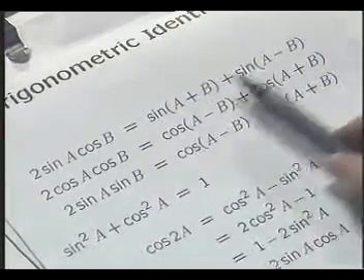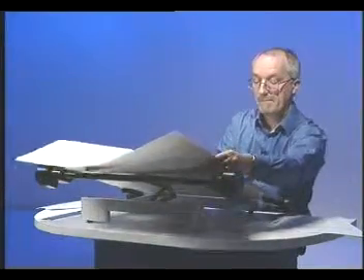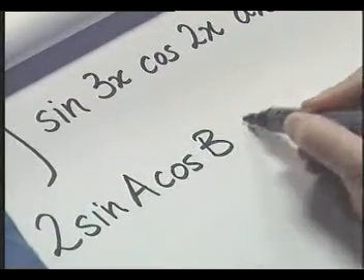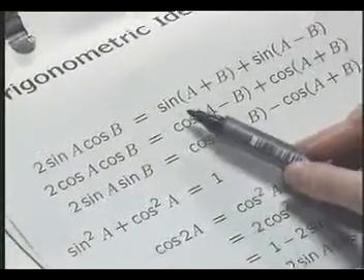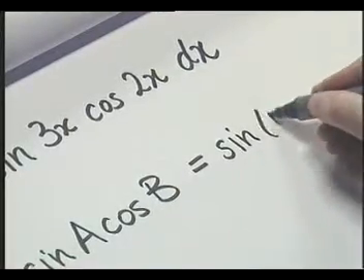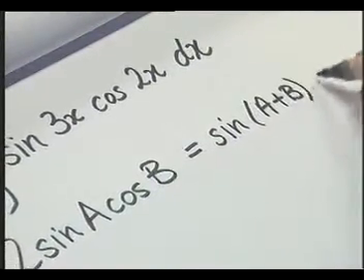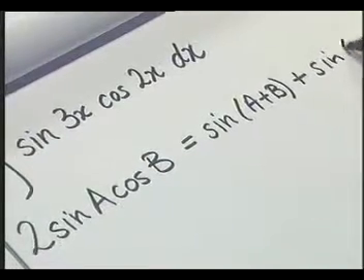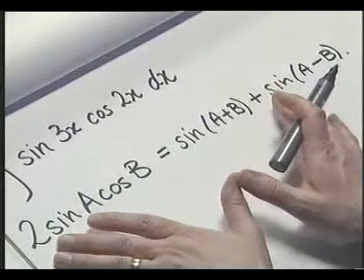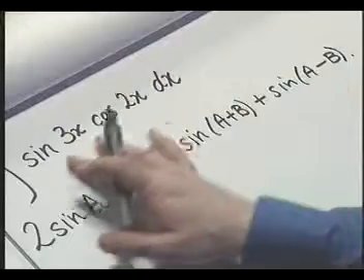Let me write this formula down again. 2 sine A cosine B is equal to the sine of the sum of A and B added to the sine of the difference A minus B. And this is the identity that I will use in order to rewrite this integrand as two separate integrals.